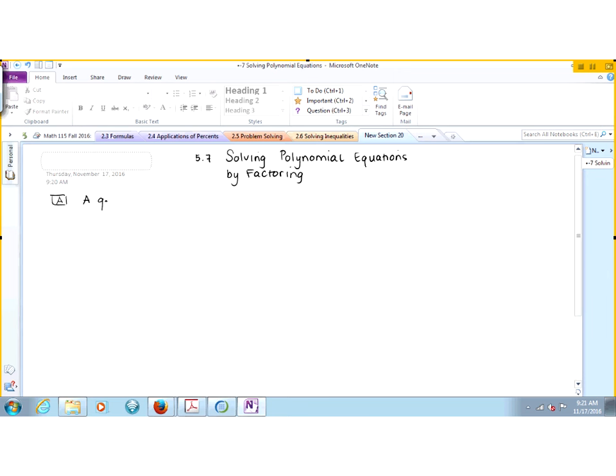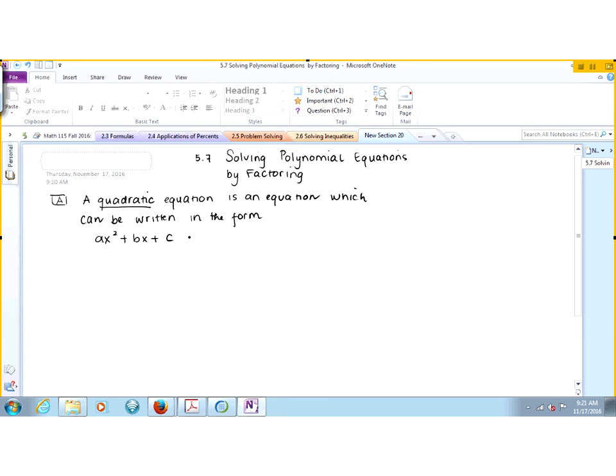So, a quadratic equation, so we know what a linear equation is. So, this is a quadratic equation. Quadratic is an equation which can be written in the form ax squared plus bx plus c is equal to 0.